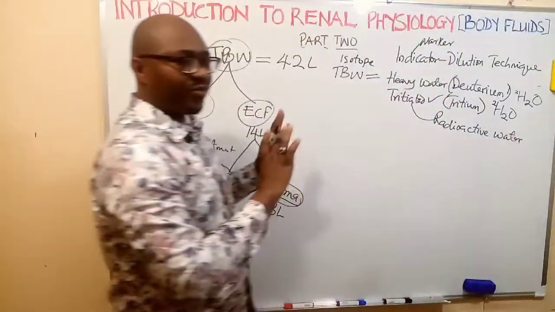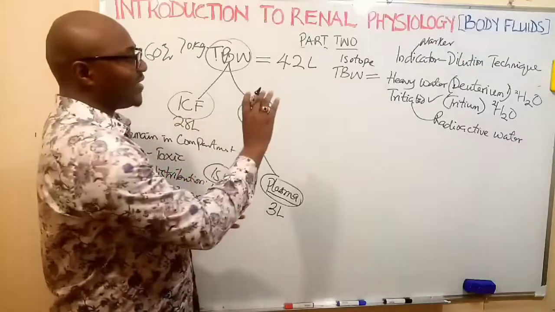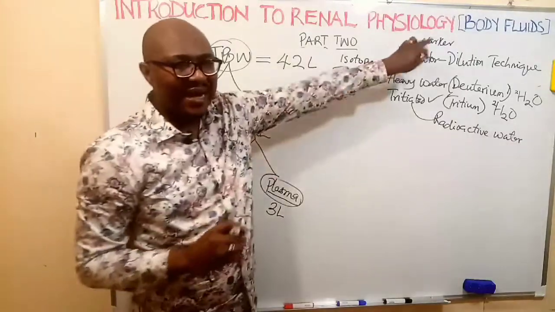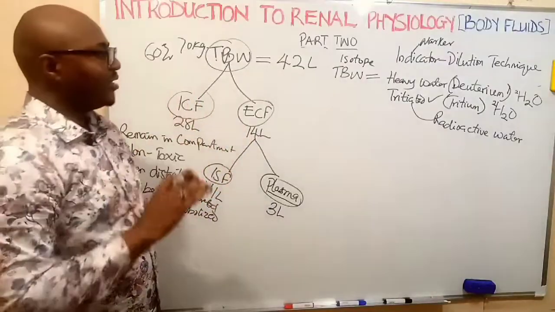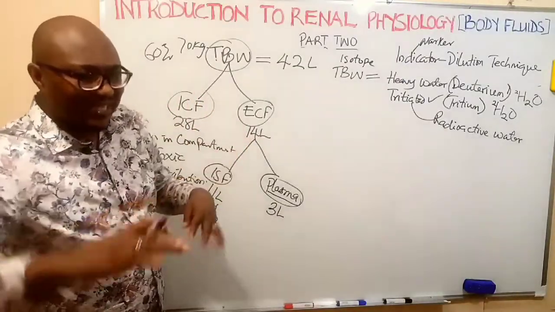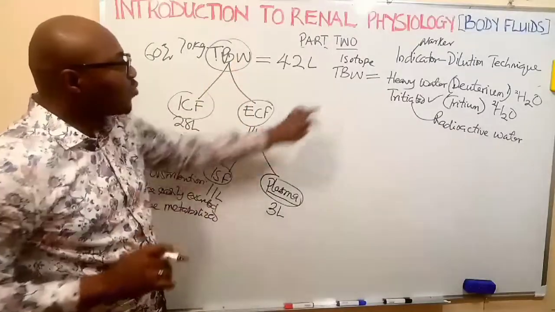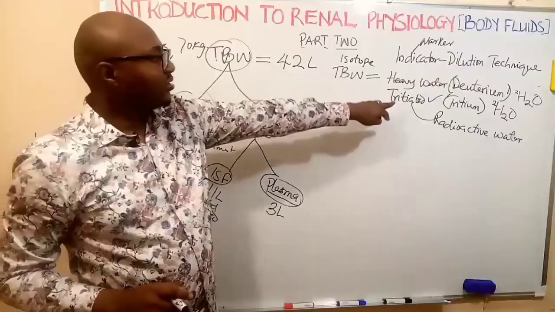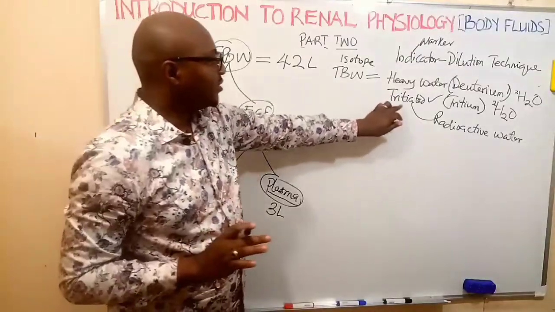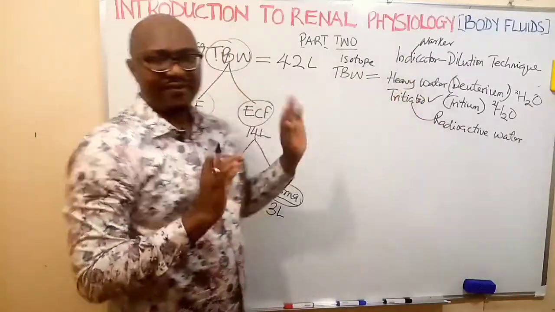Okay, they are different from the normal water. That's why it's called a marker. So it can be easily identified and separated from the normal, but it has similar properties, so it can still penetrate. So to measure the total body water, we use these two substances mainly, radioactive water or heavy water.